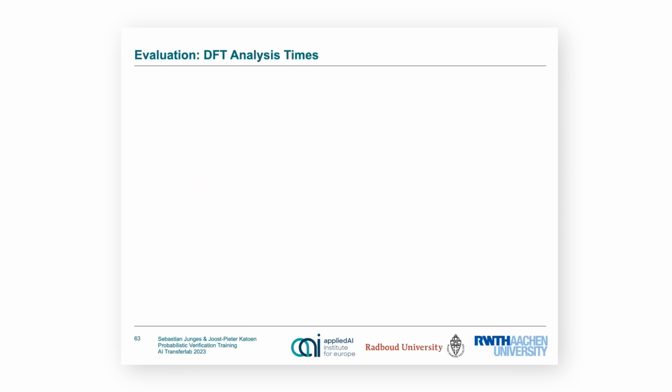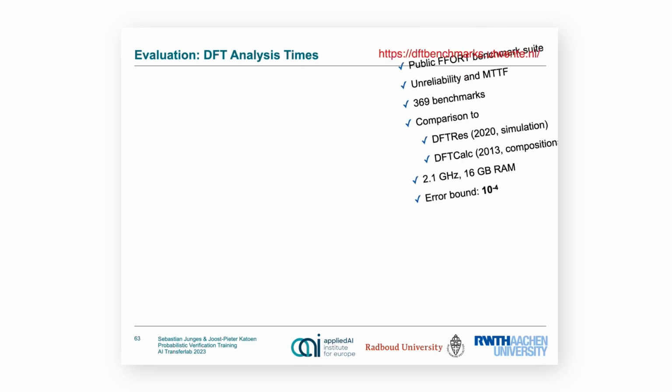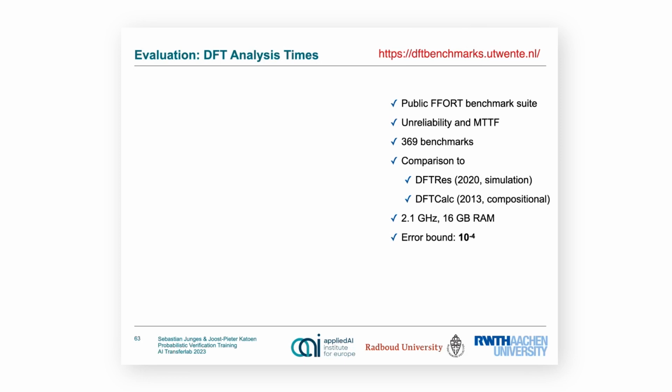And this has led to basically analyzing those fault trees in Storm. So we used a benchmark suite, which is publicly available at the website at the top, where the main focus is on computing the unreliability, so the probability to fail within a certain deadline, and the mean time to failure. There are almost 400 benchmarks, and we compare this to two tools.